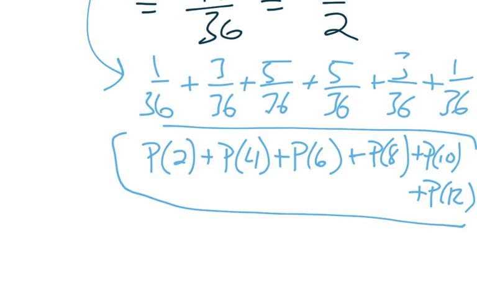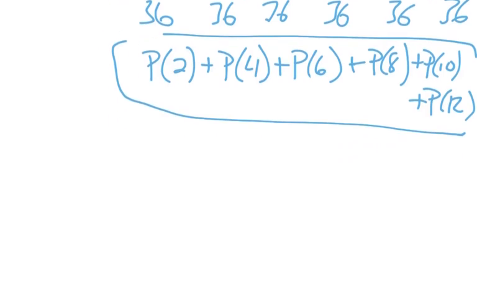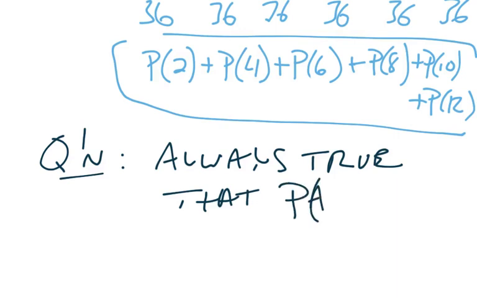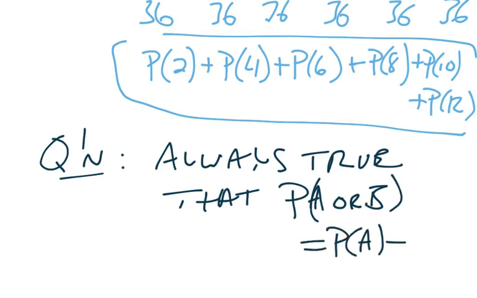Alright, so that's interesting. I'll write this here as a question. Is it always true that probability of A or B is equal to the probability of A plus the probability of B?